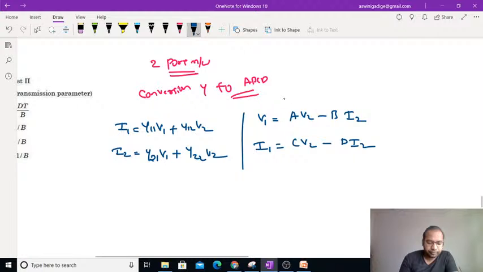Now here I have to convert Y to ABCD parameters.